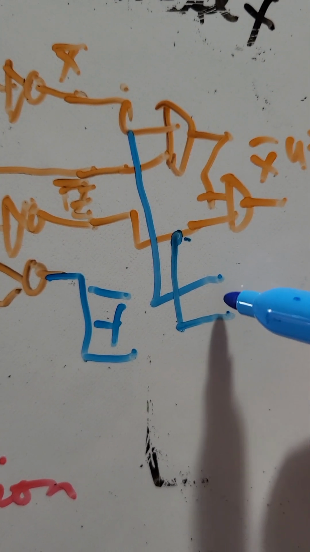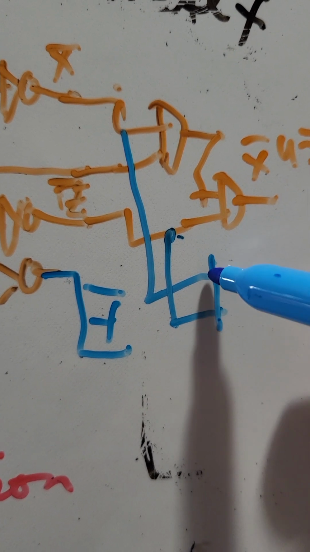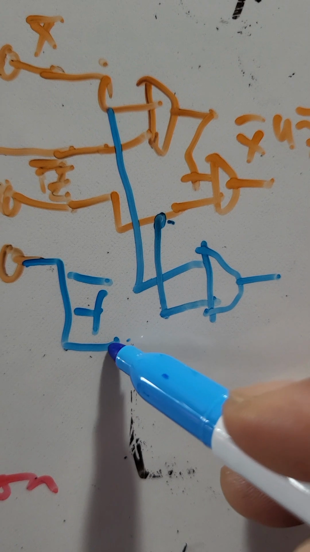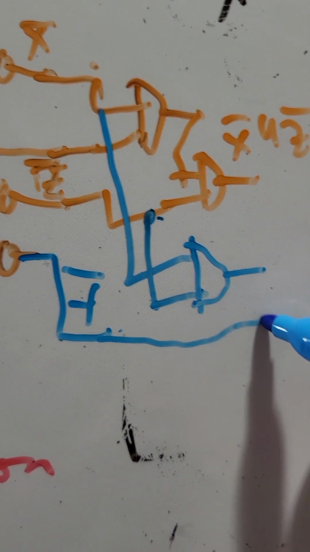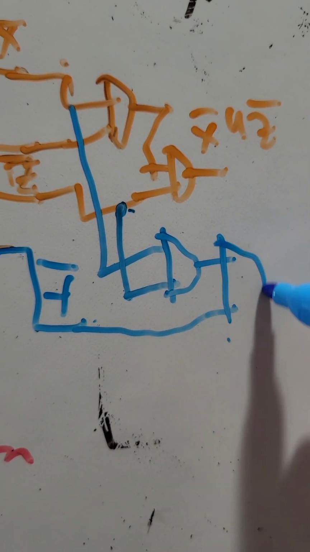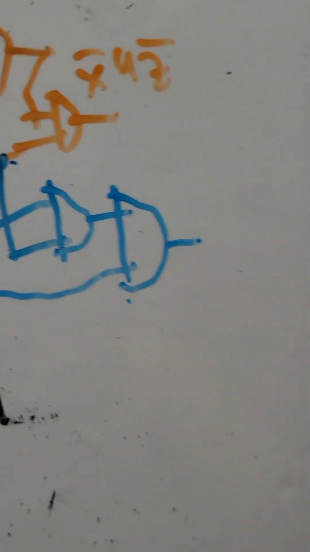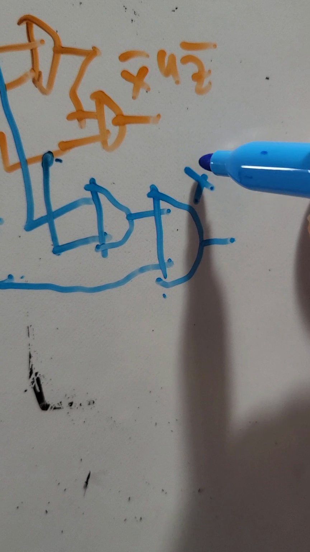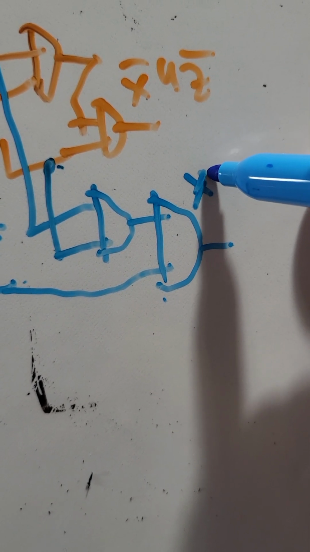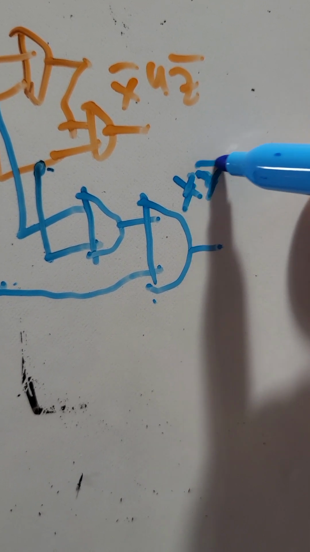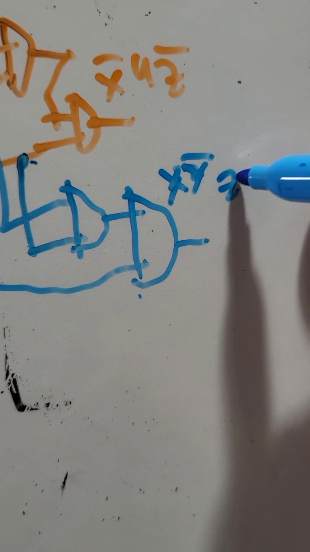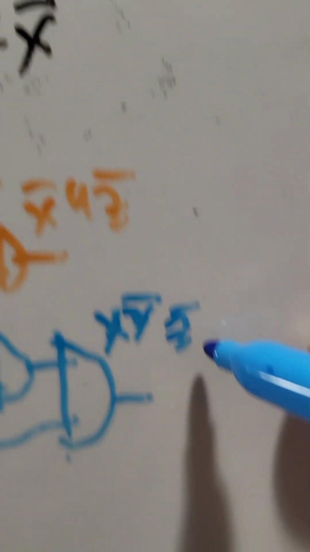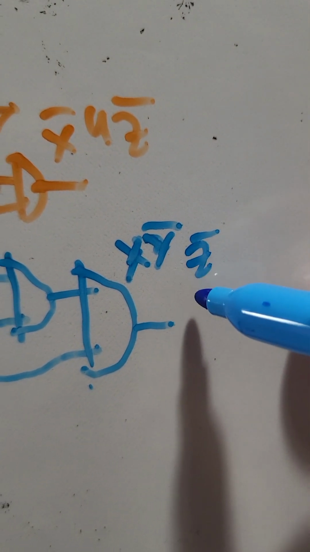So adding these three variables, this is now your x y bar z bar, the output x y bar z bar.